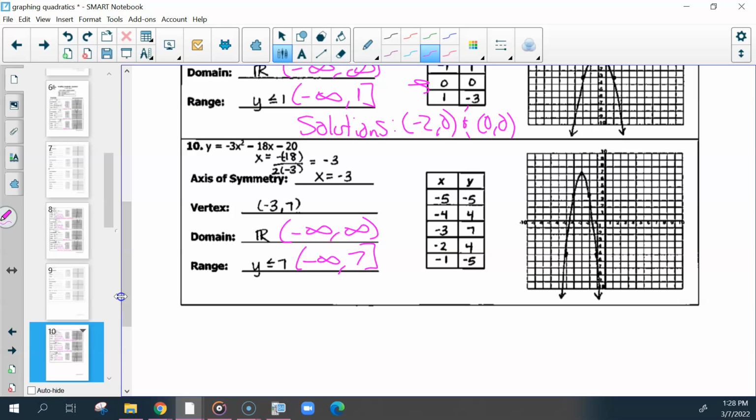Does number 10 cross the x-axis? Yes. How many times? 2. So again, we're going to have 2 solutions. But we have to figure out what they are.